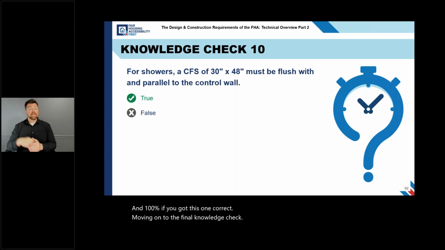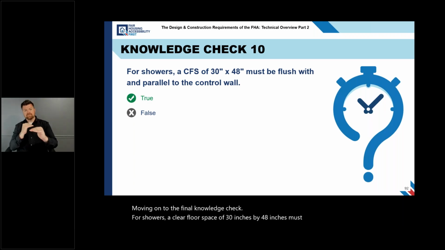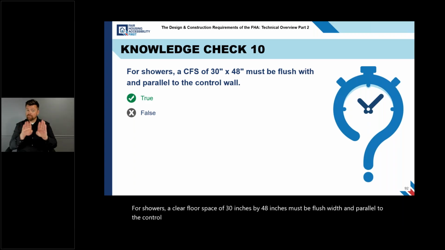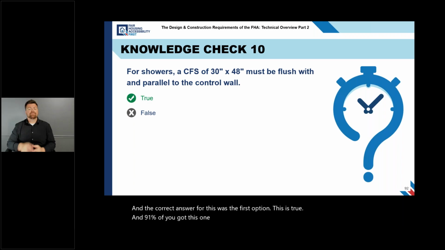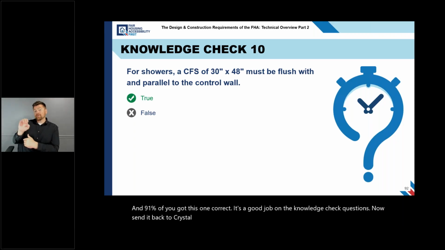For showers, a clear floor space of 30 inches by 48 inches must be flush with and parallel to the control wall. And the correct answer for this was the first option. This is true. And 91% of you got this one correct. So good job on the knowledge check questions. I'll send it back to Crystal for the closing.